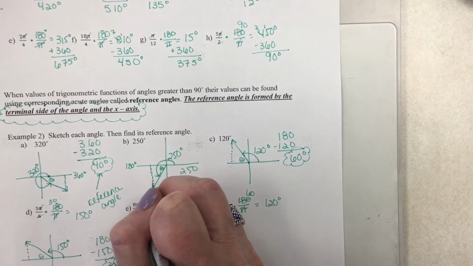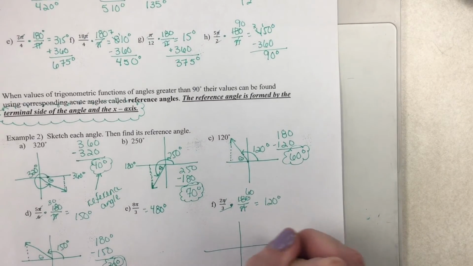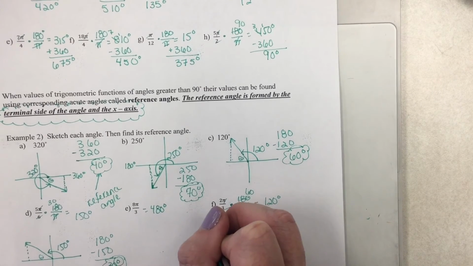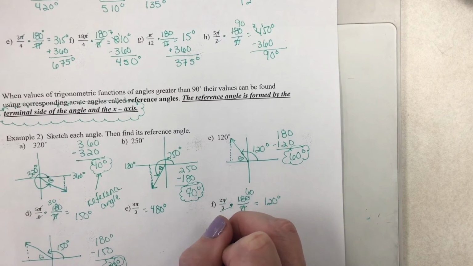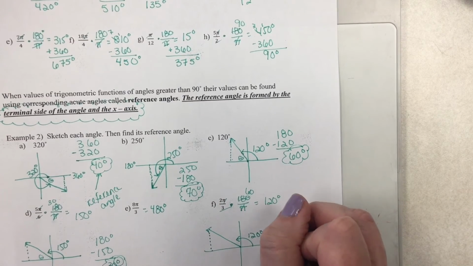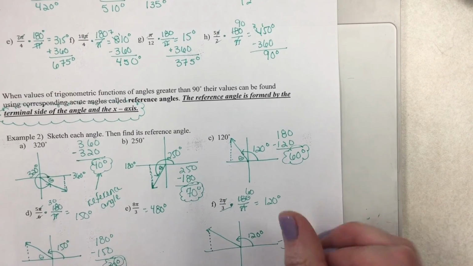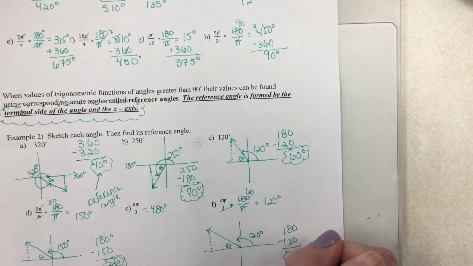I think it actually equals 480. It does. Yeah. But they both, after you subtract 360 from that, you get 120 degrees. And there it is, 180 minus 120. I did not draw that very well to scale at all. This theta is 60 degrees, which is my reference angle.